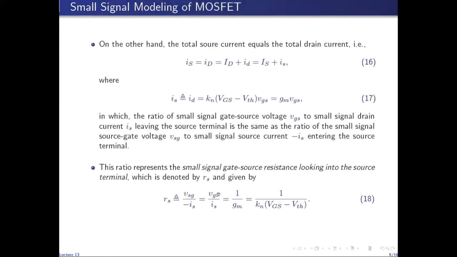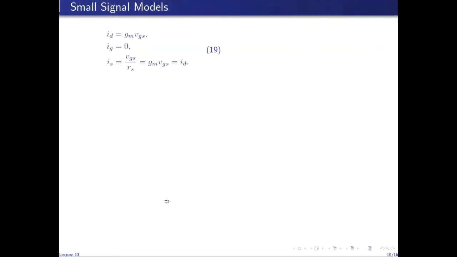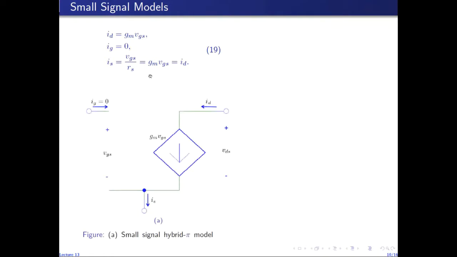So VGS by RS is the small signal source current. And since 1 over RS is GM, IS is again equal to GM VGS, which reinforces the fact that the source current is the same as the drain current. So using these three equations, we can construct this hybrid pi model for the NMOS device.